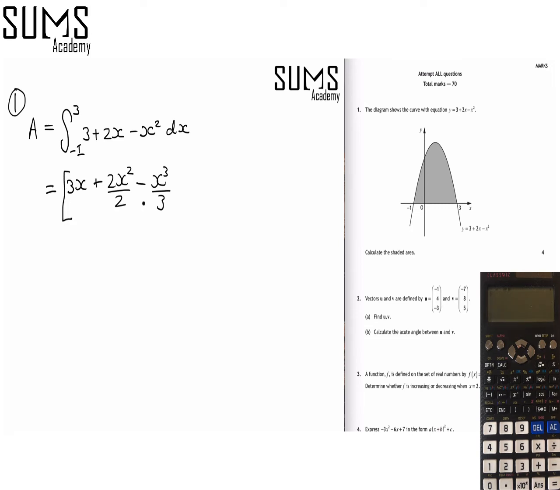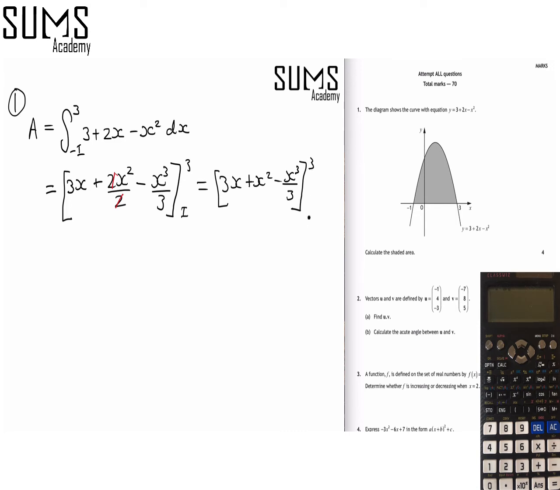This is now in square brackets because we've integrated this term. So that is still 3 and 1. And you can see here that these 2's will simplify, and we'll be able to make the expression slightly simpler. So I'll write that again: 3x plus x squared minus x cubed over 3.